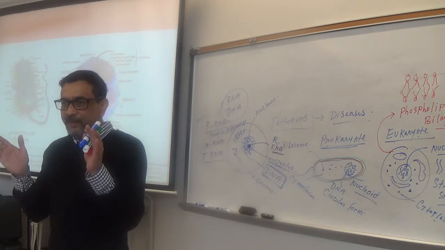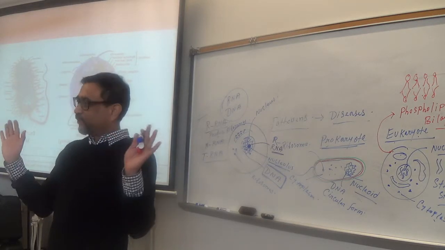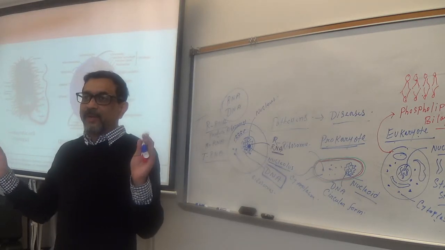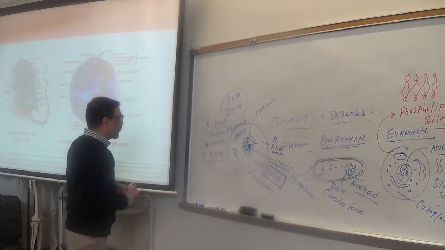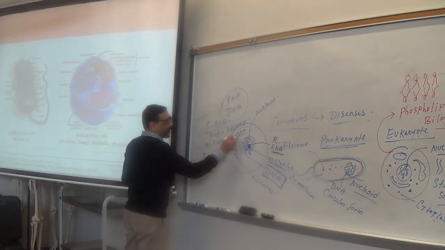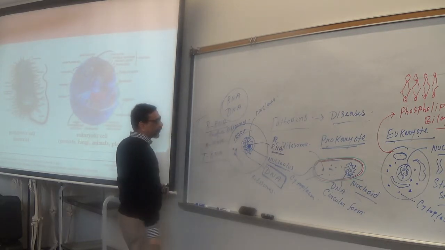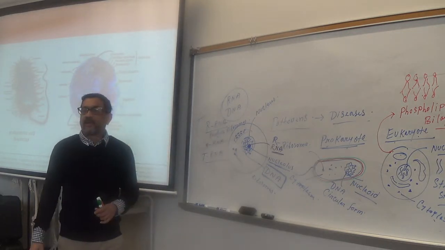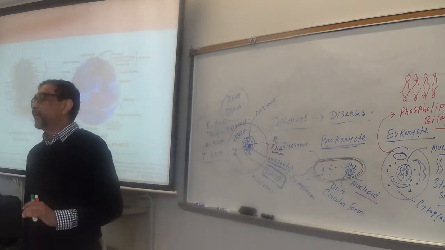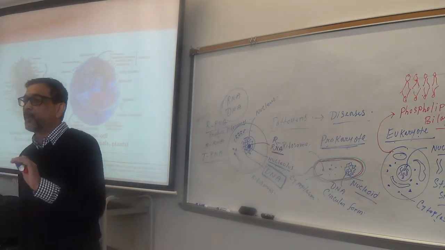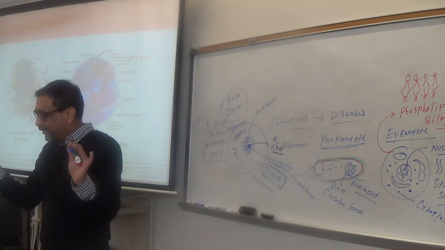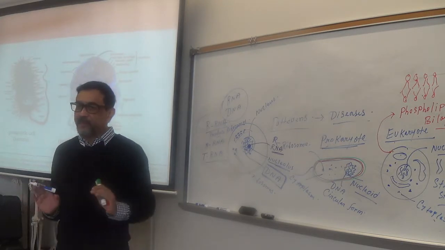They produce what? Ribosomes. Make sense? And ribosomes come out and get attached to the endoplasmic reticulum or in the cytoplasm. And now you tell me, I have also mentioned, ribosomes manufacture what? Proteins, right? Now that ribosomes manufacture protein.